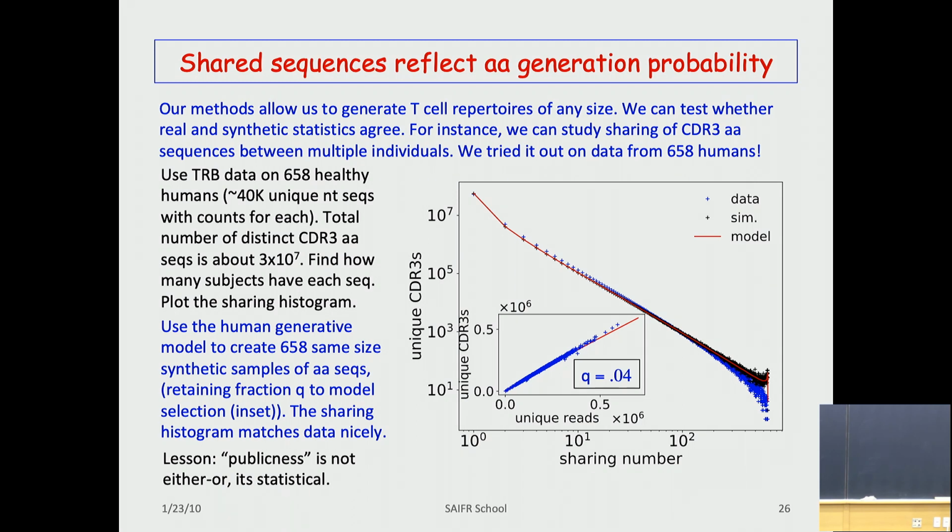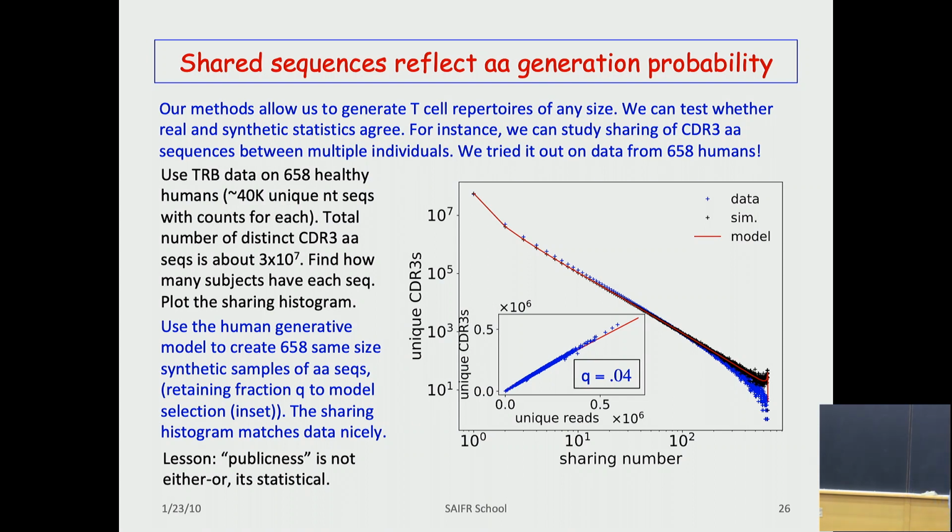And the total number of distinct amino acid sequences in the whole database was like 30 million, and they're divided up handily for you into 658 pots corresponding to 658 human beings.